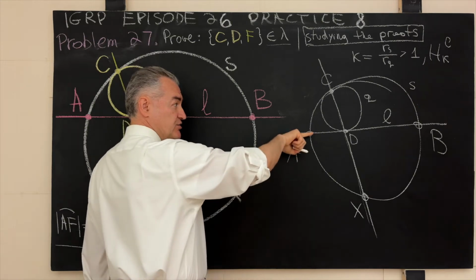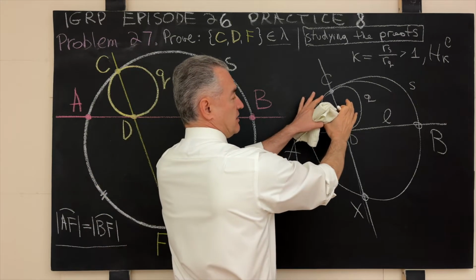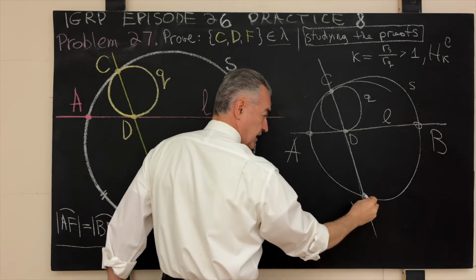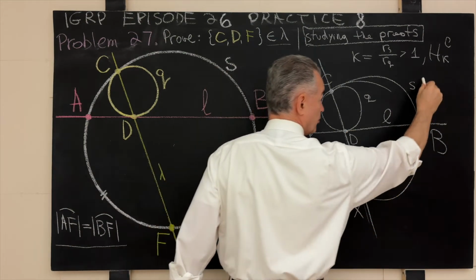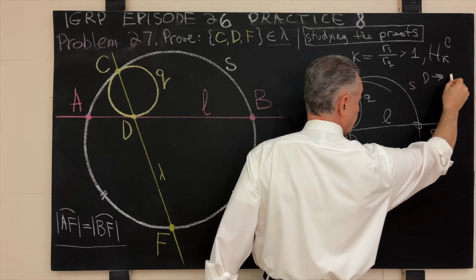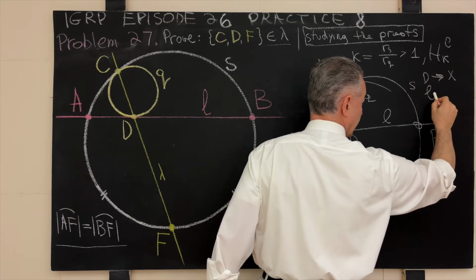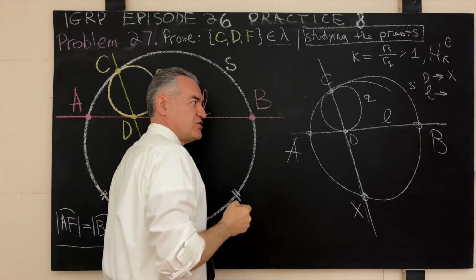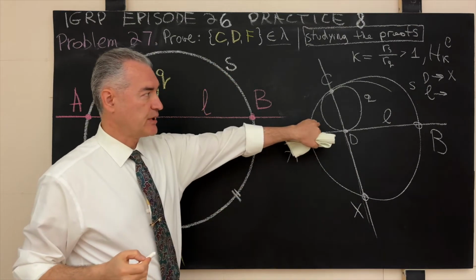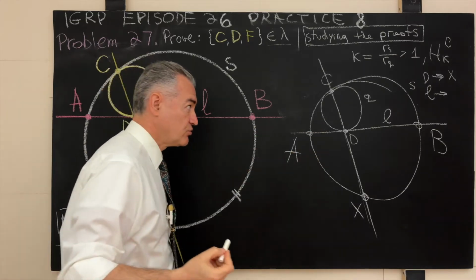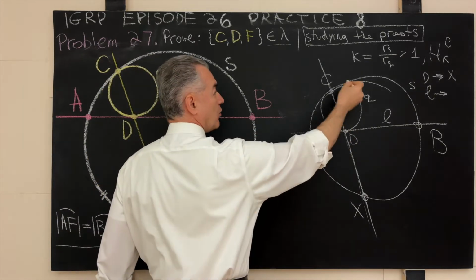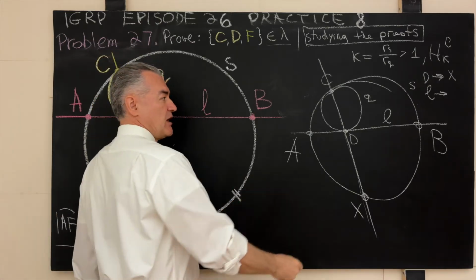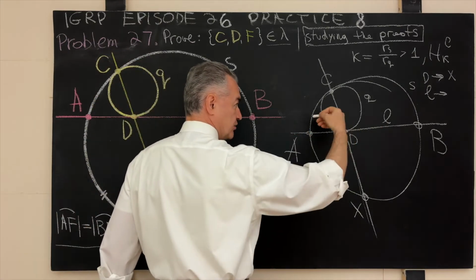In other words, the straight line L, when the parent plane uniformly expands, the point D will be taken into the point X. So the point D will go into the point X, and the straight line L will be taken into what? What role does the straight line L play with respect to the circle Q? It's a tangent to the circle Q at the point D. This is our definition of what it means to inscribe a circle Q into the corresponding circular segment.